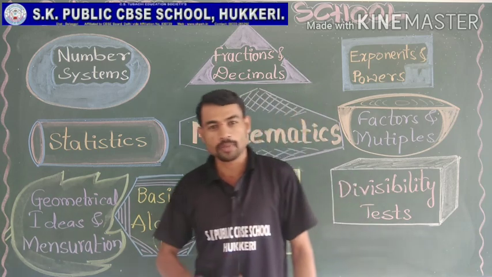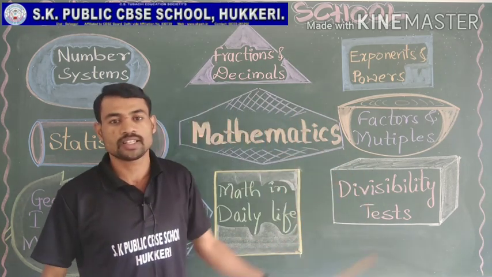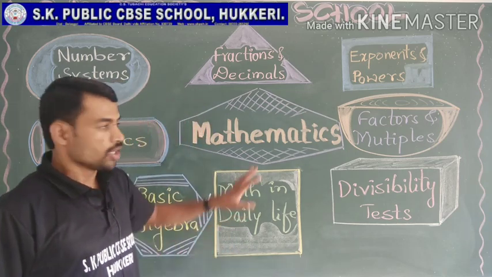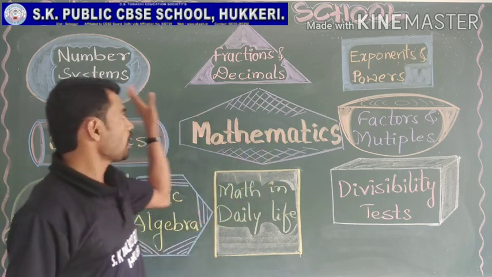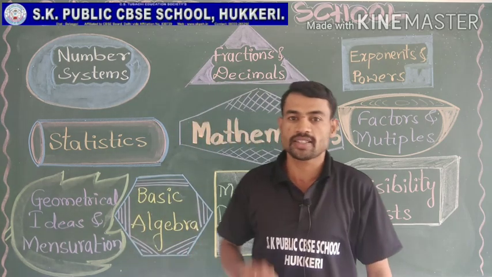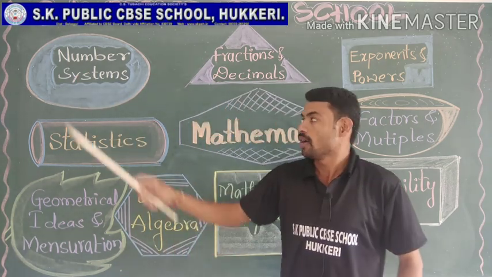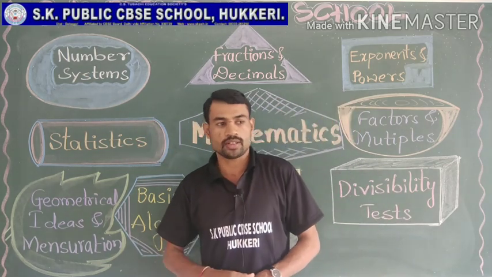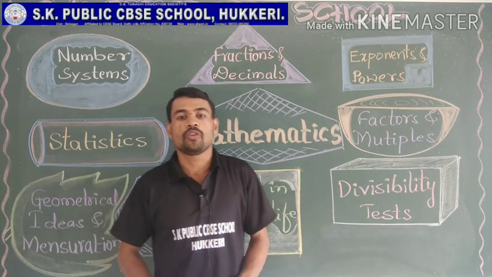So here I am standing before you to make clear all the things you have studied till today. This mathematics foundation course contains sub-units. Let us see them one by one. The first unit is called number system. Dear students, in earlier classes you have studied different types of numbers.